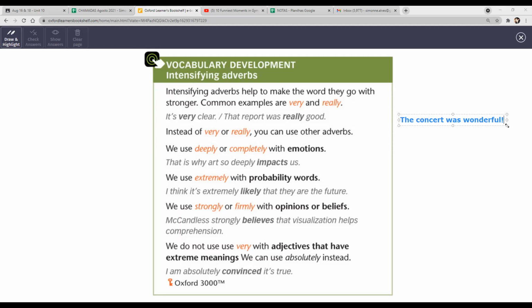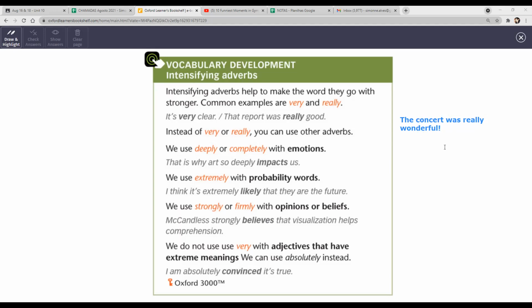Here, if I want to intensify the adjective wonderful, I can't use the word very. I can't say, the concert was very wonderful. I can say really. Really is okay. The concert was really wonderful. The band was fantastic. They played really well. Everything was perfect. It was really wonderful.